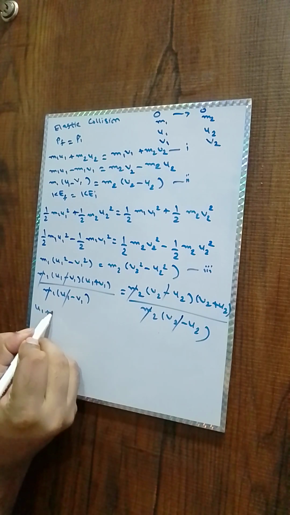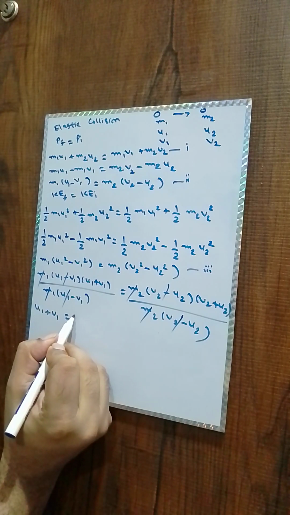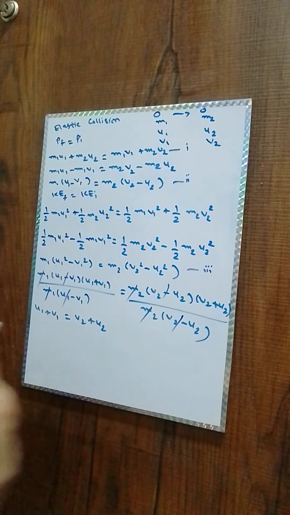What we're left with is u1 plus v1 is equal to v2 plus u2.